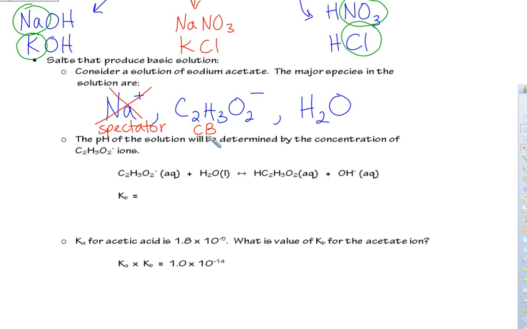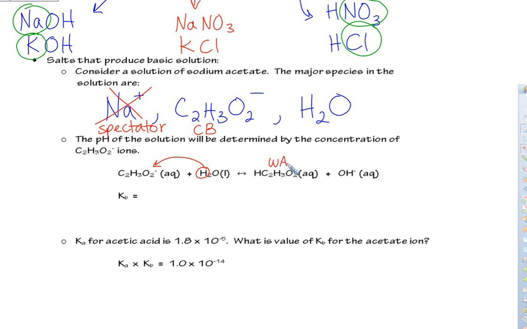Can this ion remove hydrogen from the solution? Yes, because look what happens. If there's water present, or any source of hydrogen for that matter, one of these little hydrogen ions can be attracted to the acetate ion. And look what we form. We form acetic acid, which is a weak acid. Weak acids do not dissociate by much at all.